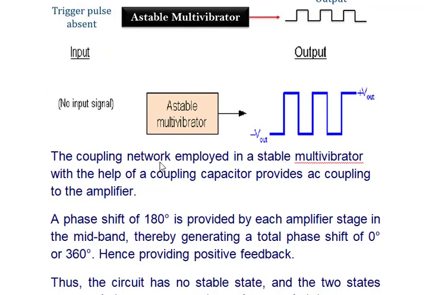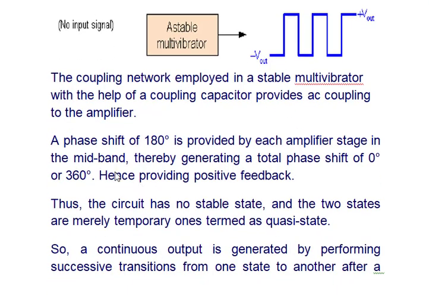The coupling network employed in the astable multivibrator, with the help of a coupling capacitor, provides AC coupling to the amplifier. A phase shift of 180 degrees is provided by each amplifier. Every amplifier shifts the input signal phase by 180 degrees. Here we have used two amplifiers.